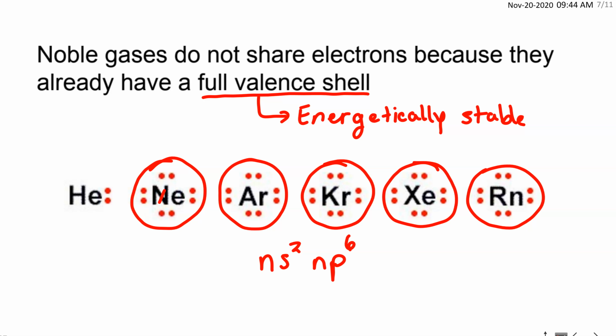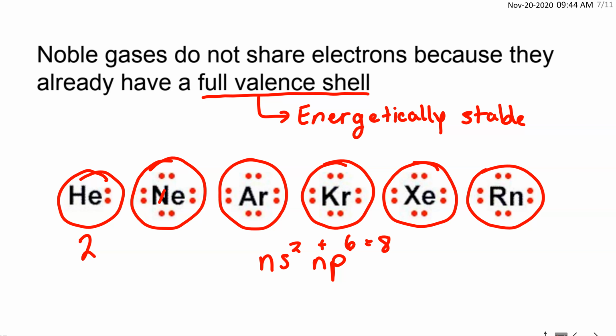Okay, they're already stable. They already have 8 valence electrons. And that's what everything wants to look like. Every element wants to have 8 valence electrons. Now, I would be remiss in my duties if I didn't bring up the fact that helium has 2 valence electrons. Remember, it follows the duet rule, not the octet rule.